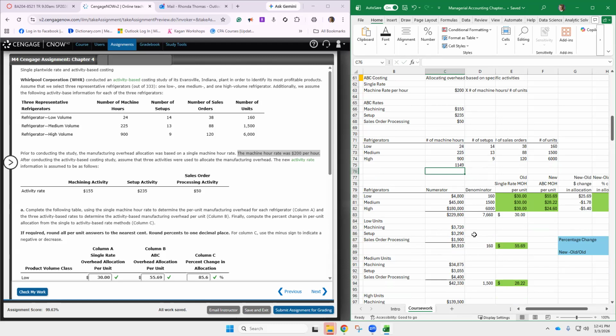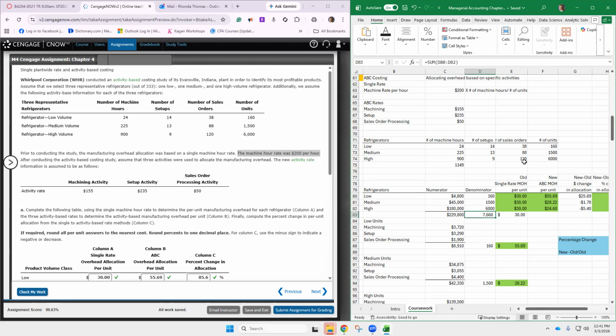Okay, this is the number of units here, so that's why that's such a difference.